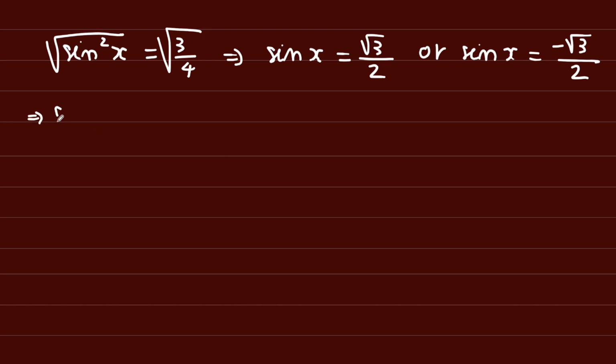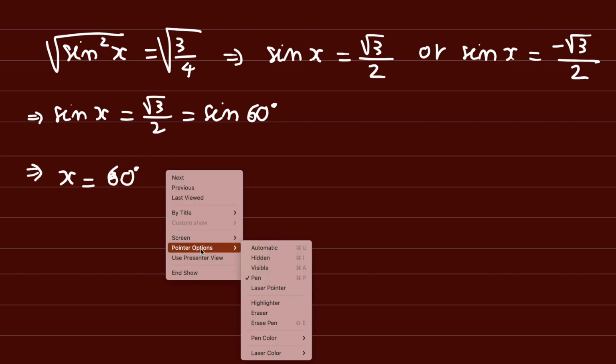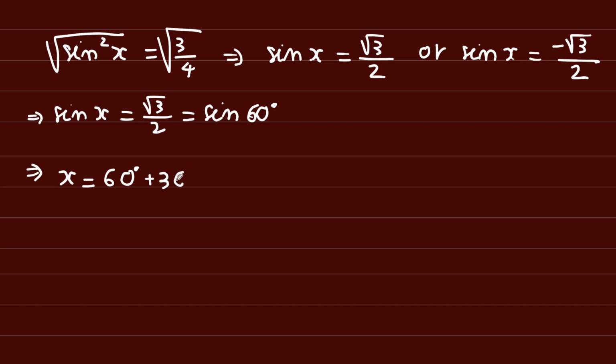I will use the formula of sine for each case. The first case corresponds to the sine of 60 degree, and you get two values. The first one is 60 degree plus 360 degree multiplied by n. The second one will be the supplementary of 60 degrees, meaning 120 plus 360 degree multiplied by n.